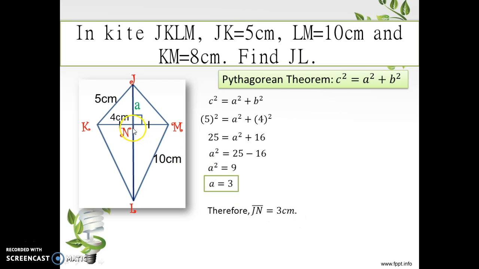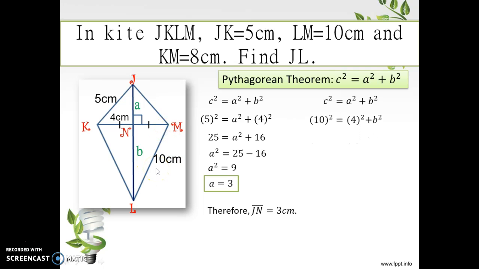How about this segment here? So it's also a right triangle, MNL. So we can have this. Let's say this is B. So applying the same concept, C squared equals A squared plus B squared. Our A is 4 centimeters, our B is missing, and our C is the hypotenuse, 10.